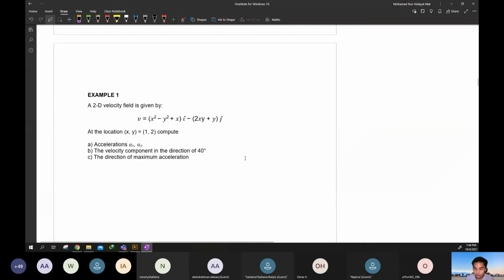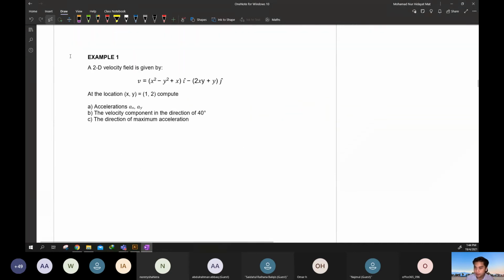So let's try one example. We have the 2D velocity field given by this. When we talk about 2D, we only have the i and j directions. We don't have any third direction, which is the k direction. At the location of x and y equal to 1 and 2, compute the acceleration in terms of ax and ay. When we look at the question, this is the velocity vector.